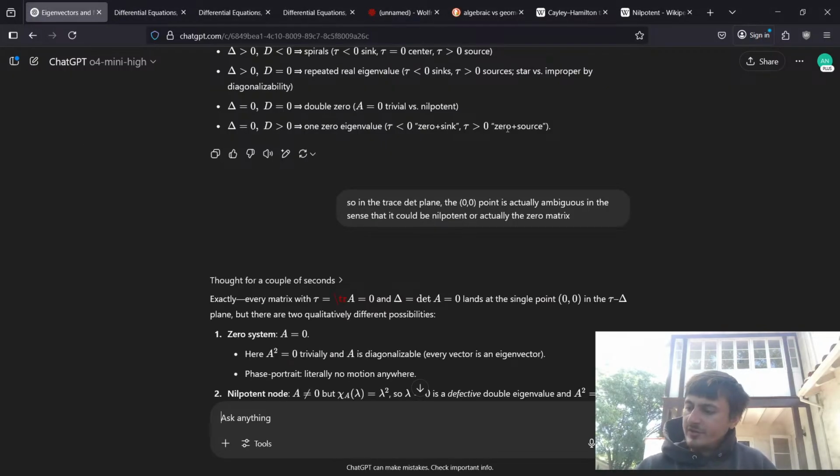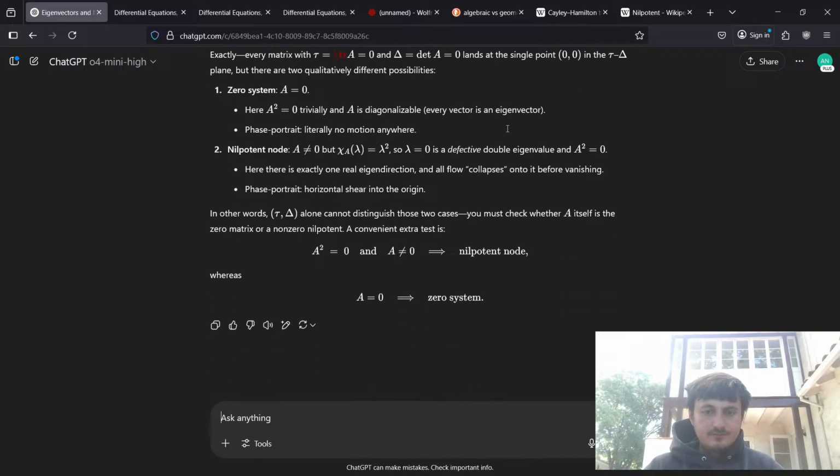Okay, so then we don't actually know. This could just be the zero matrix, 0, 0. So it could be case 14 or a equals 0. Right.